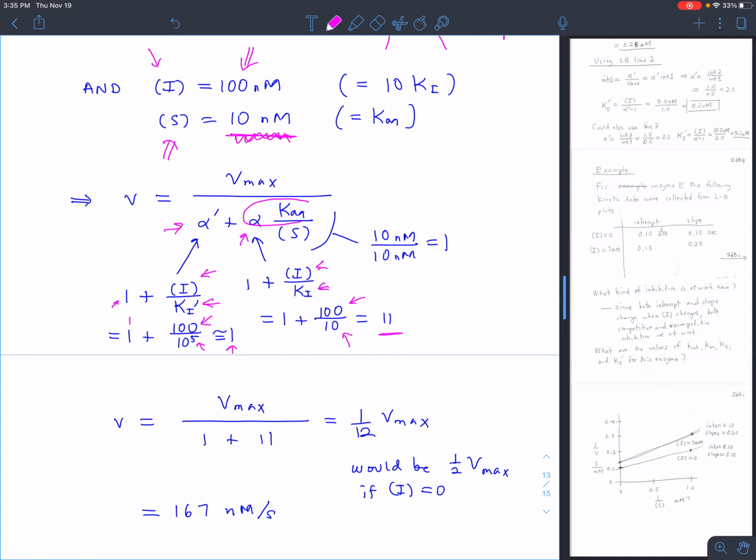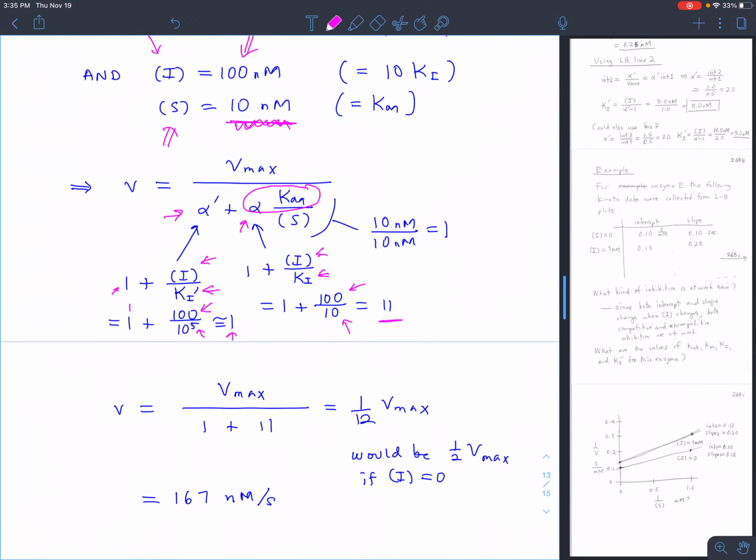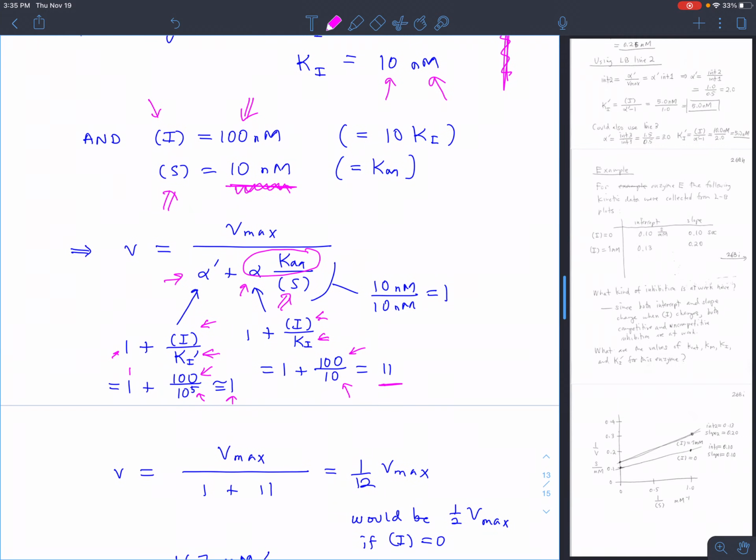The effective Km is now 11 times bigger than the original uninhibited Km. And that means that it's going to be harder to saturate now. We have to put in 11 times as much S as we would have in order to saturate.